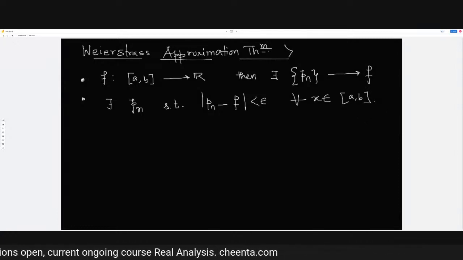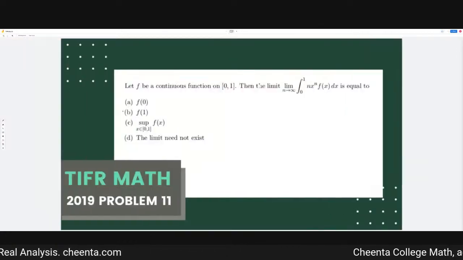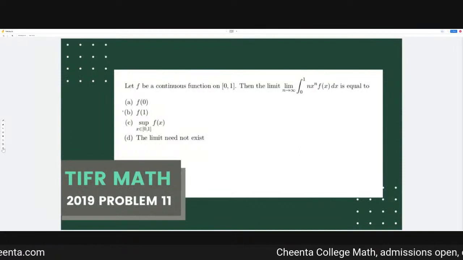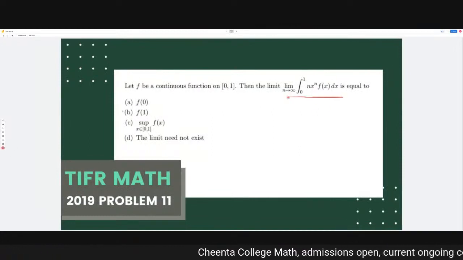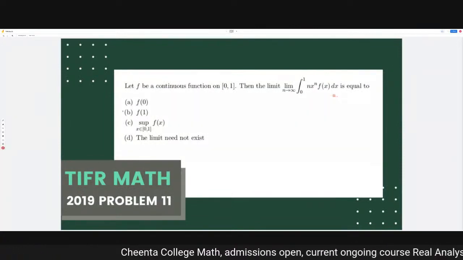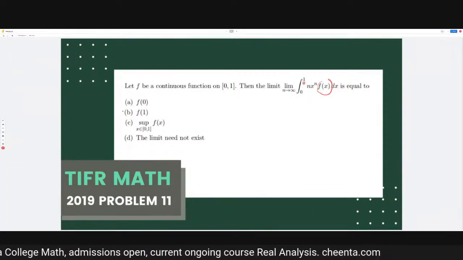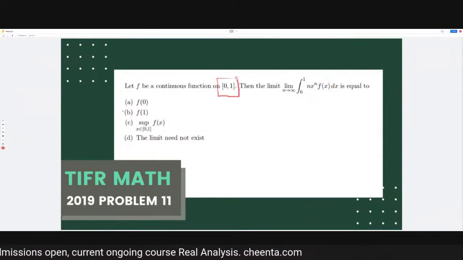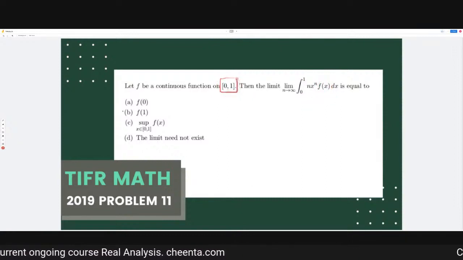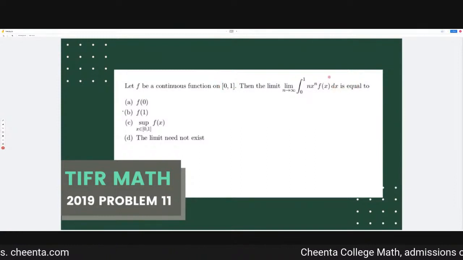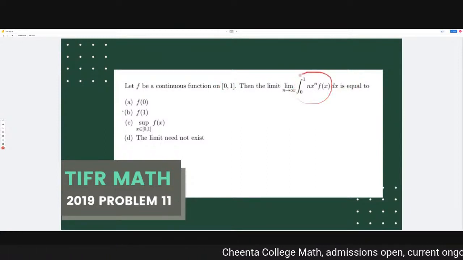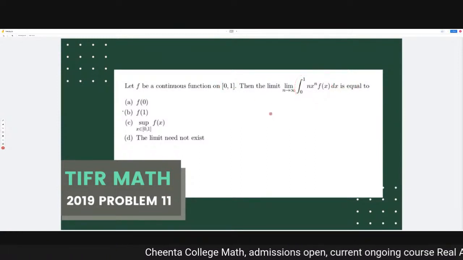Okay, so this is the integral part of this question. Because in this question what you need to figure out is this limit. So what is our goal? Since f is given to be a continuous function on a compact set, a closed and bounded interval, first we will compute this integral when f is a polynomial.